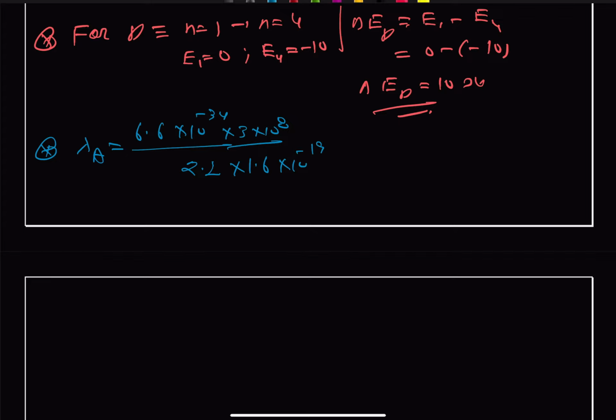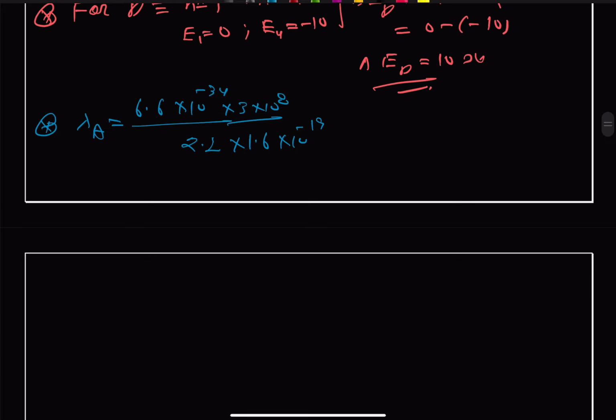Sorry, we converted the energy into joules because it was in electron volt. This gives approximately 564 nanometer.